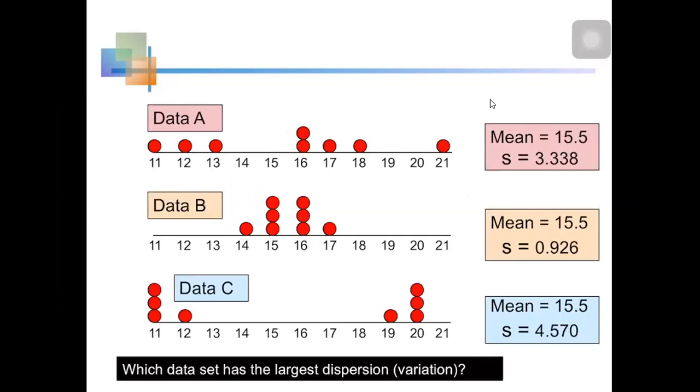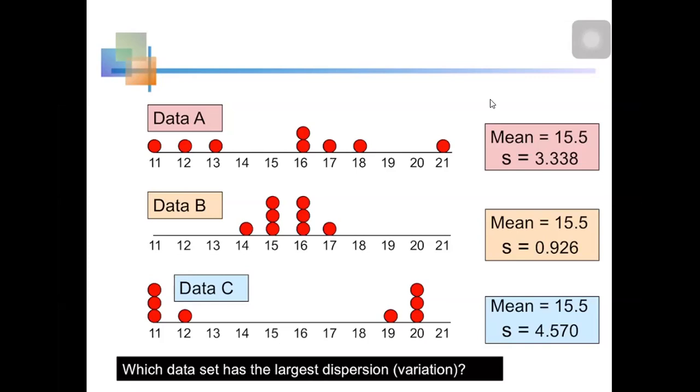For example, why do we need measure of variation? If you look at data A, data B, and data C, the three data sets are very different. But the mean is equal. The mean is 15.5 for the three data sets. Calculating the mean is easy.